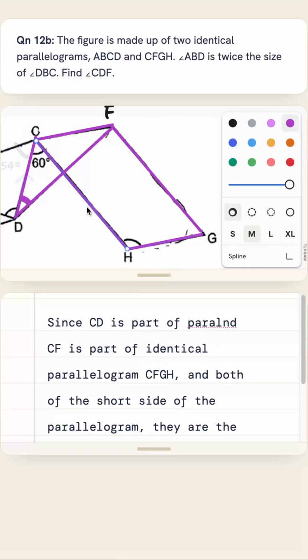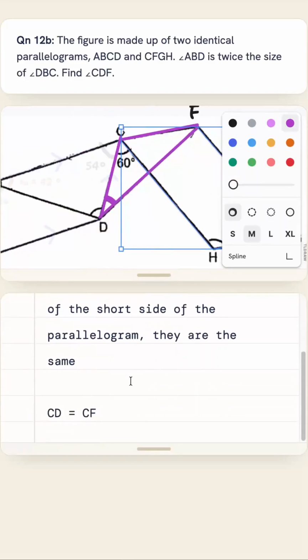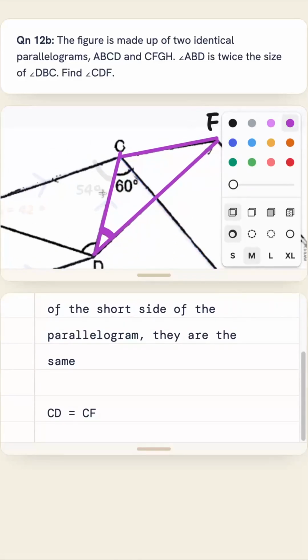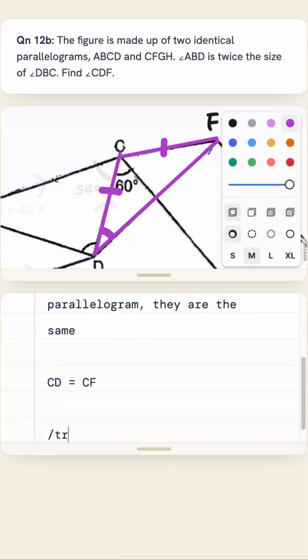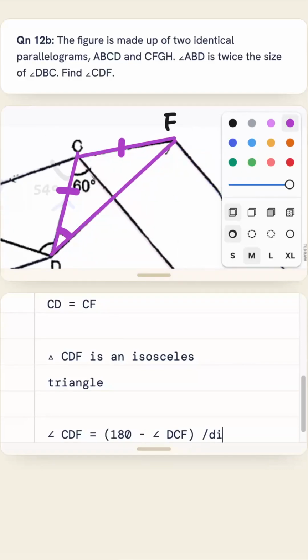And both of them are the short sides of the identical parallelogram, which means CD is equal to CF. Therefore, CD and CF here are the same, which means triangle CDF is an isosceles triangle, which means to get angle CDF, it's basically 180 minus this angle DCF divided by 2.